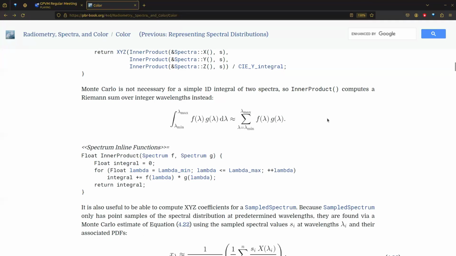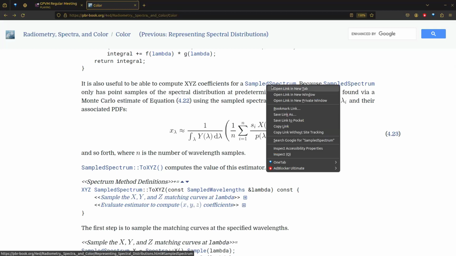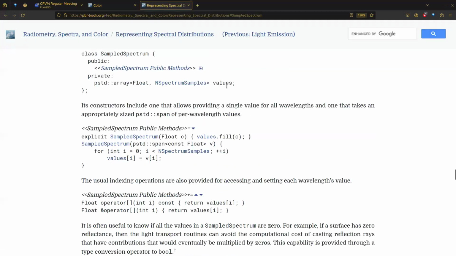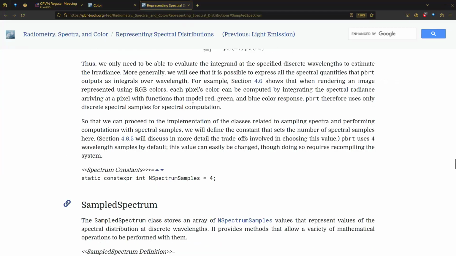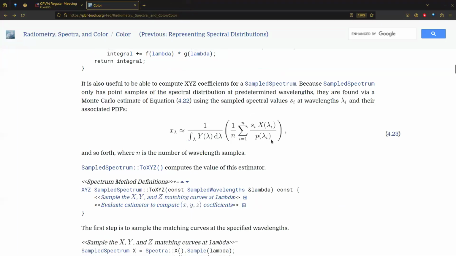Because we're kind of also useful to compute XYZ coefficients for sampled spectrum. Okay, I missed this chapter, so I may not be 100% up to speed on this.